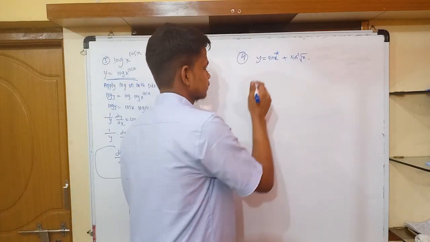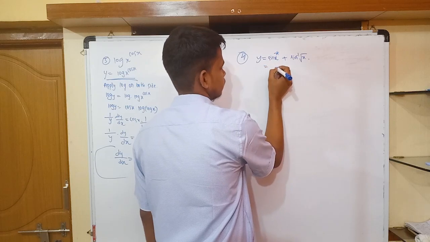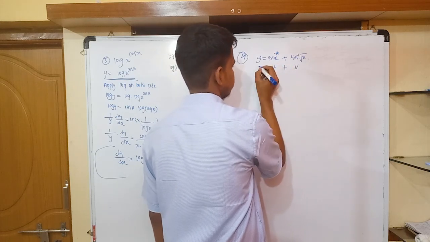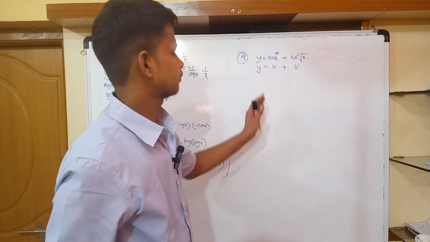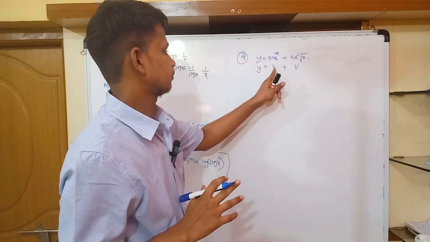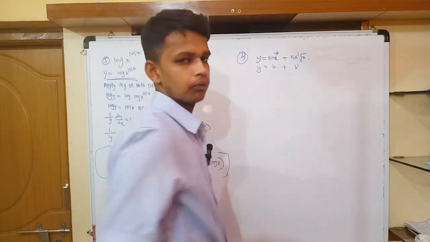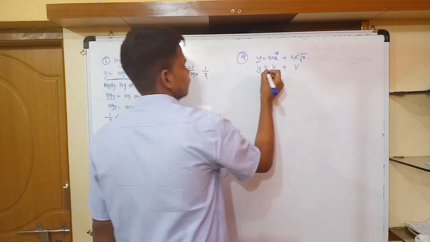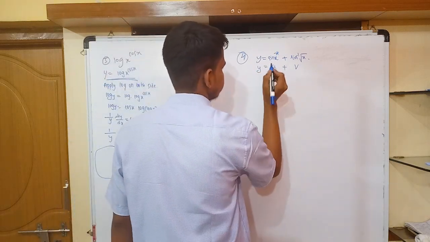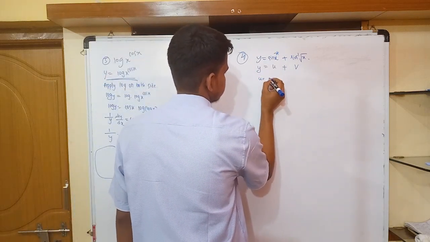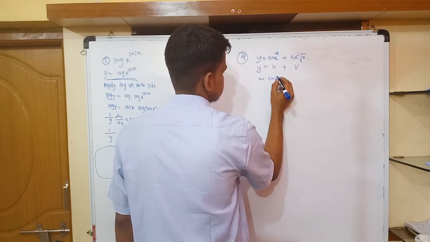To find the derivative of this function, you know already, we consider this as u and this as v. We have to find the derivative of y, so we find the derivative of u plus the derivative of v. First, consider u equal to sin x raised to x.